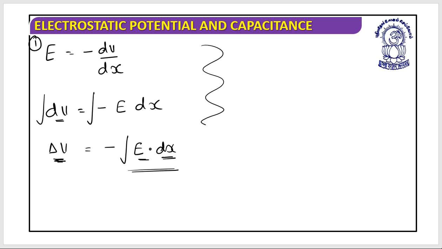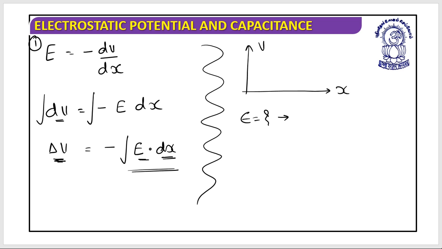Second, if a graph has been given, let's say a graph of V versus x is given, and I require the electric field, what should I do? I can write like this: it is the negative of the slope of the V versus x graph.